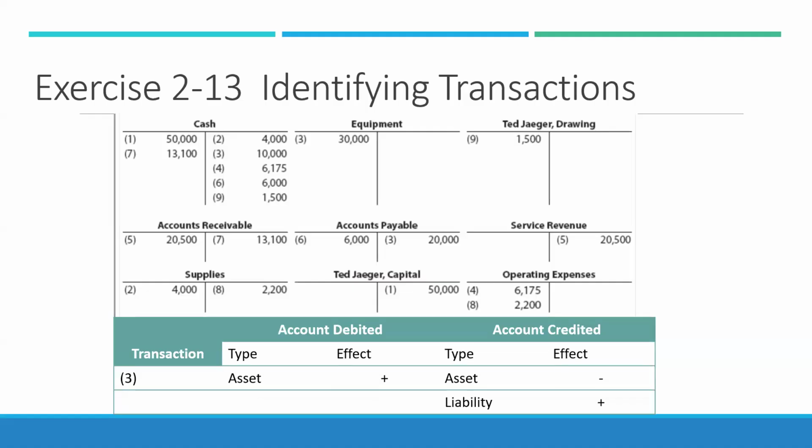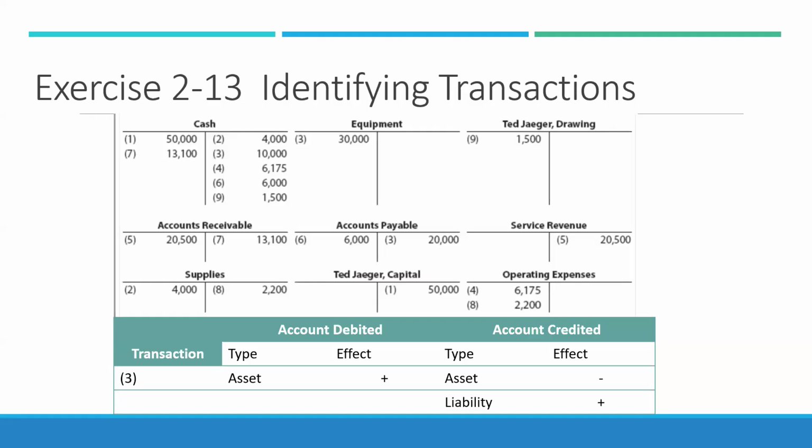Number 3, cash went down 10,000 and accounts payable went down. Did I screw this one up? Oh, thank you.